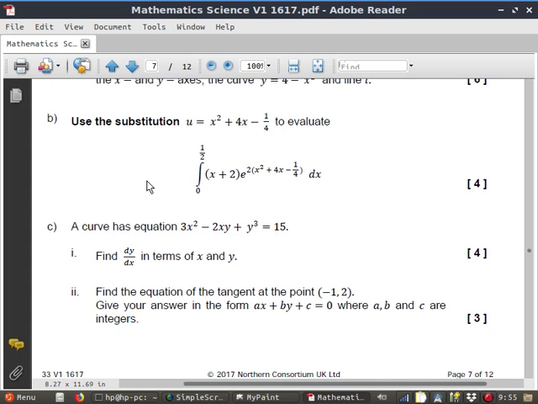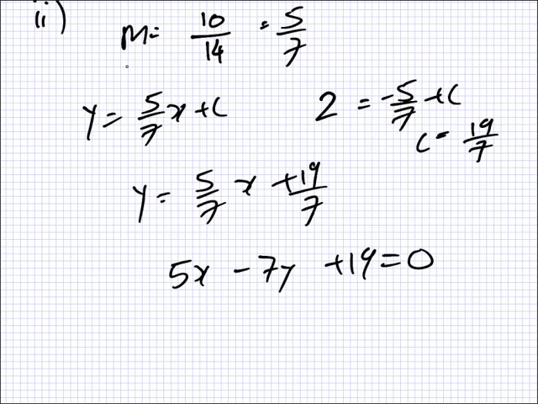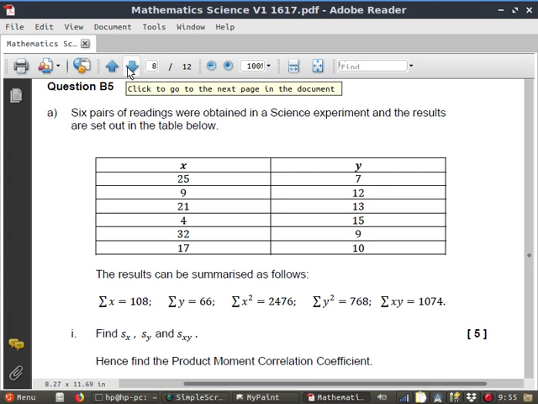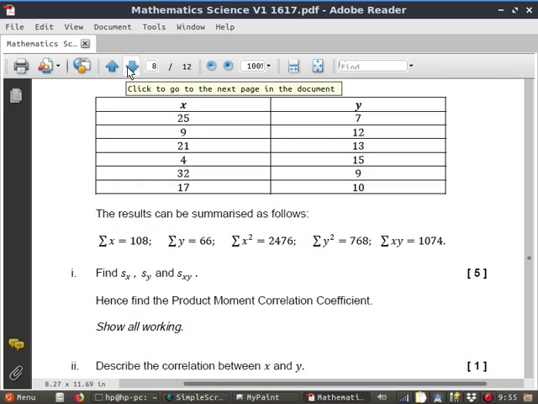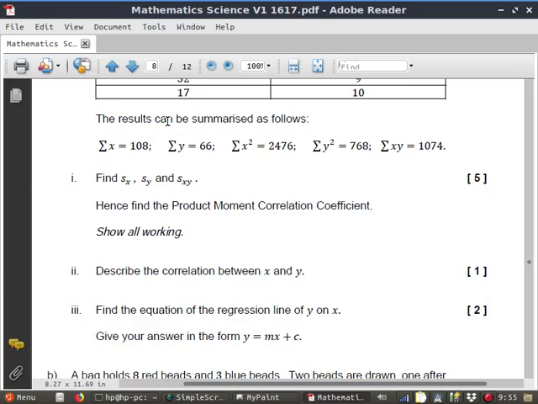Okay. Okay, 5. You've got your 6 readings and you want to find Sx, Sy, Sxy. Okay, so the first one, Sx, is square root, isn't it?